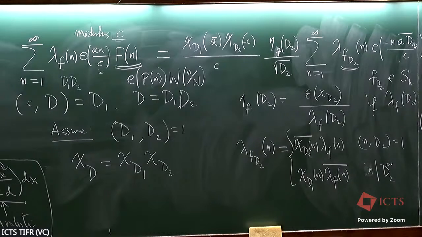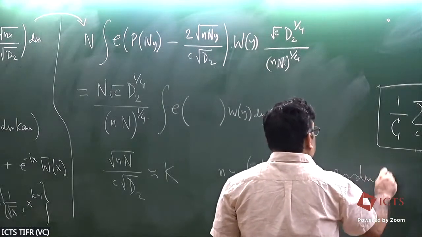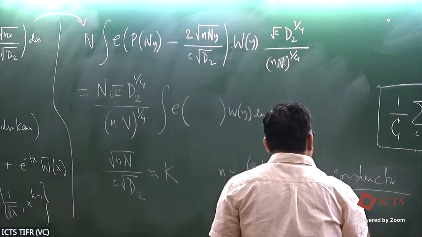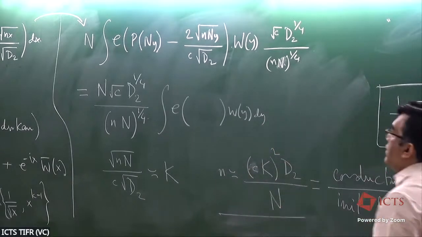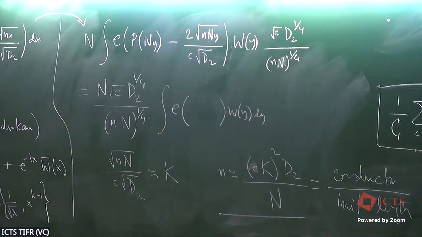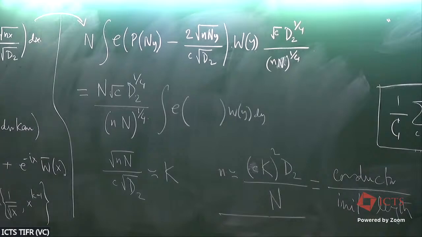So it's the conductor by the initial length, like what we had there. So the dual length is conductor by initial length. And now let's compute the size, what is the trivial bound for this guy, right?